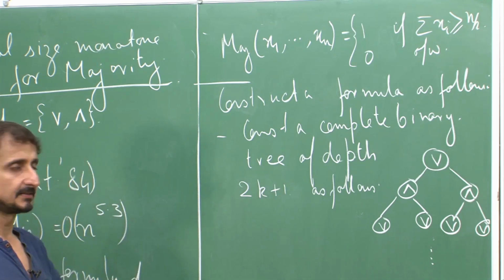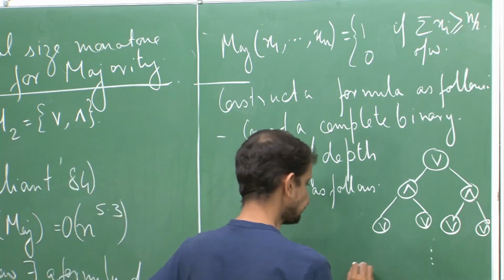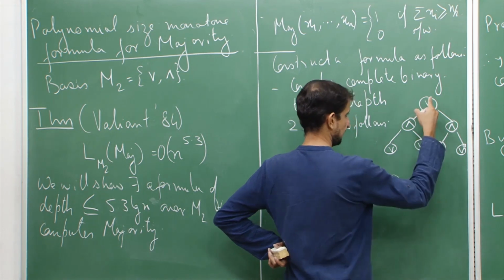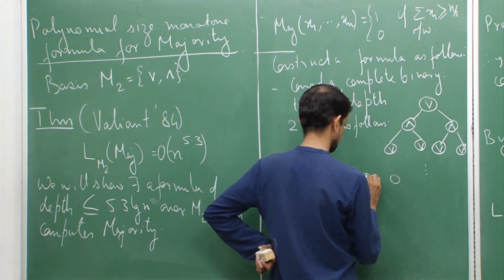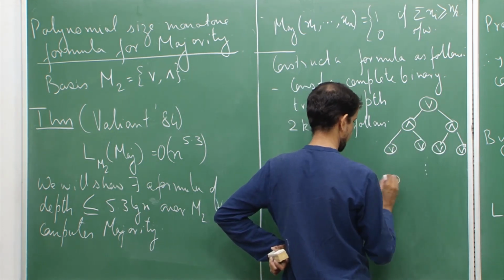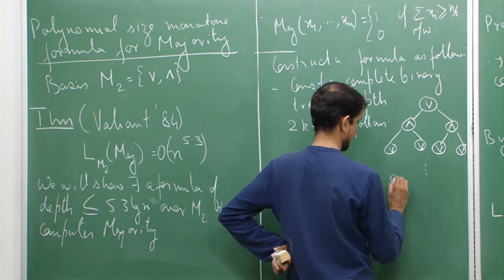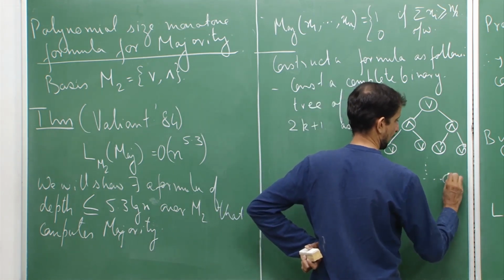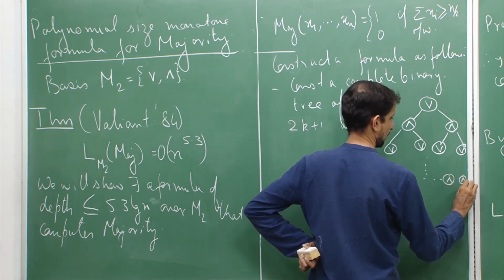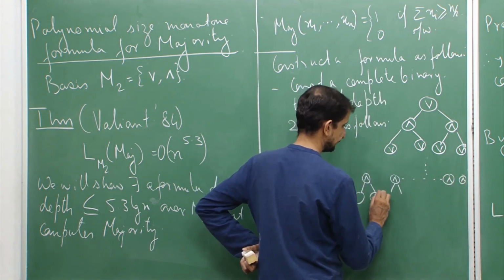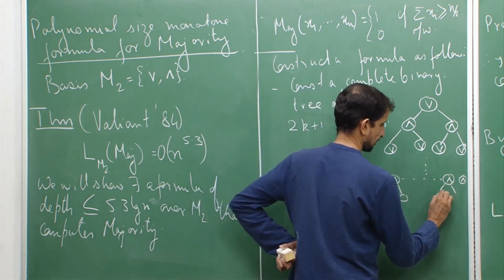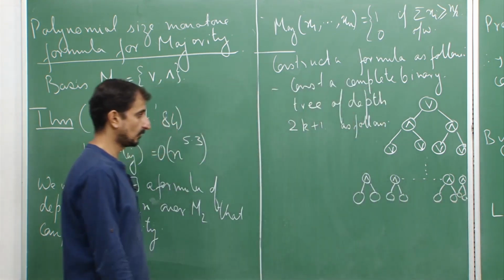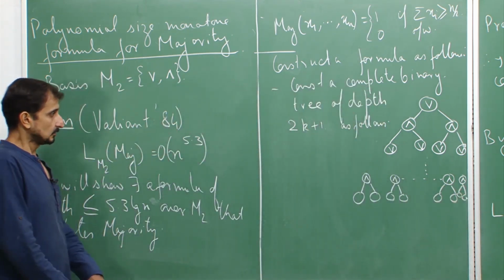Later on we will fix k. Then we have the leaves for all these AND gates. So, we have constructed this.